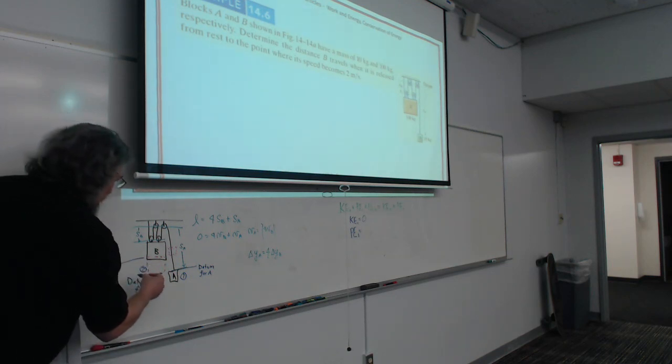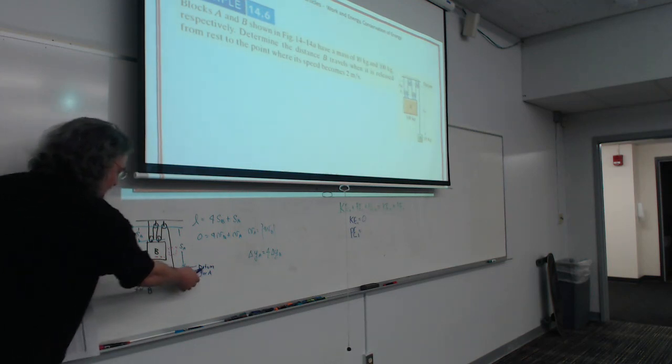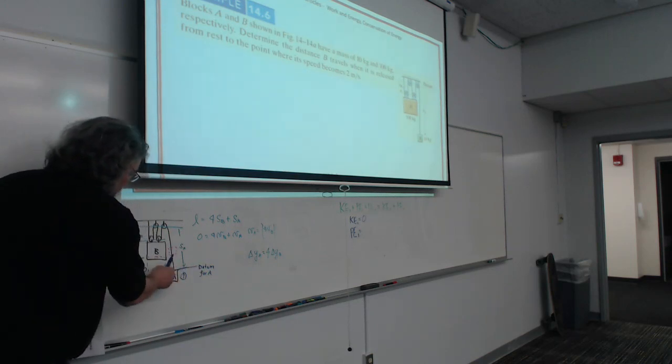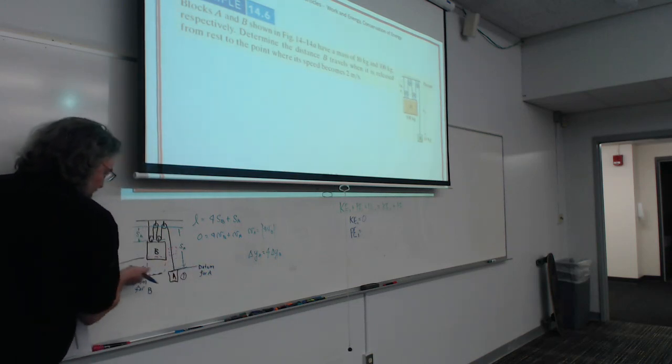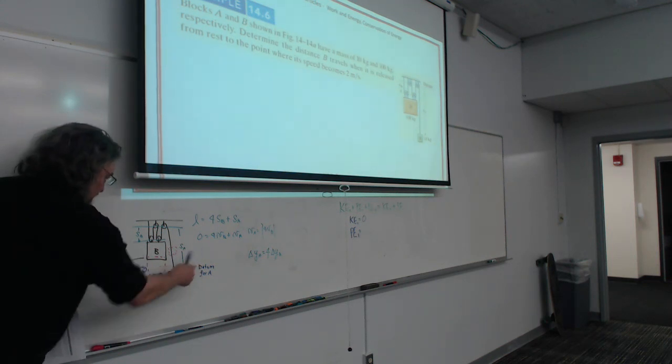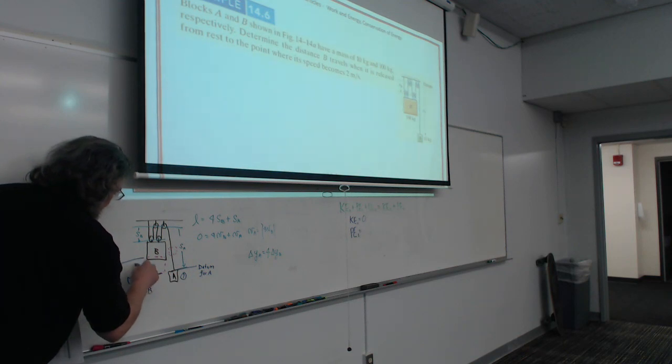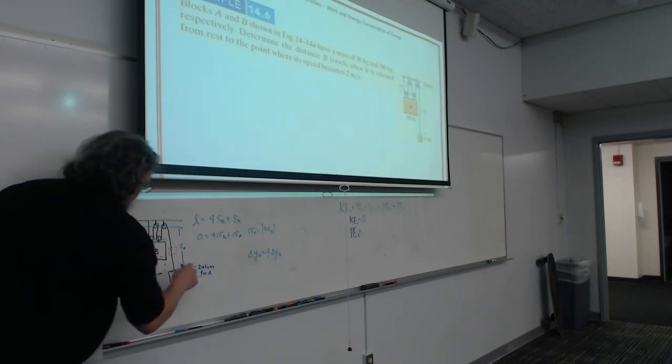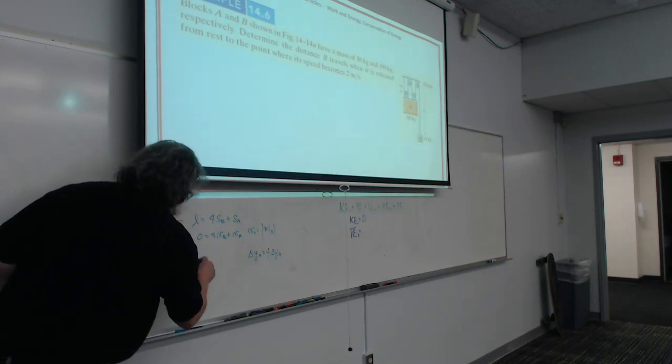I can have an individual datum for each particle. This one just happens to look like it's in line with that, by coincidence. I'm going to call this dimension delta yB, and this dimension delta yA.